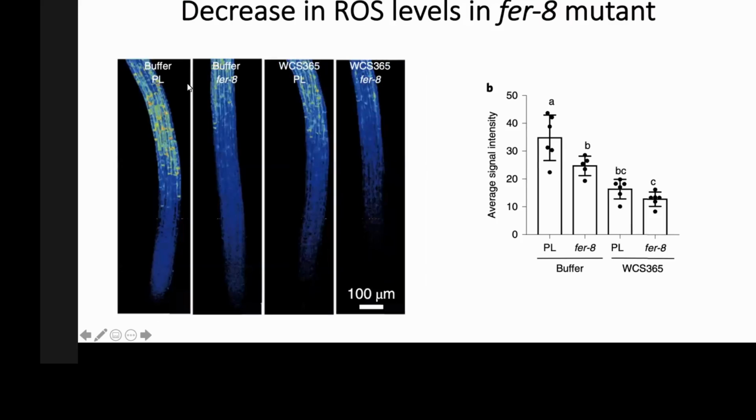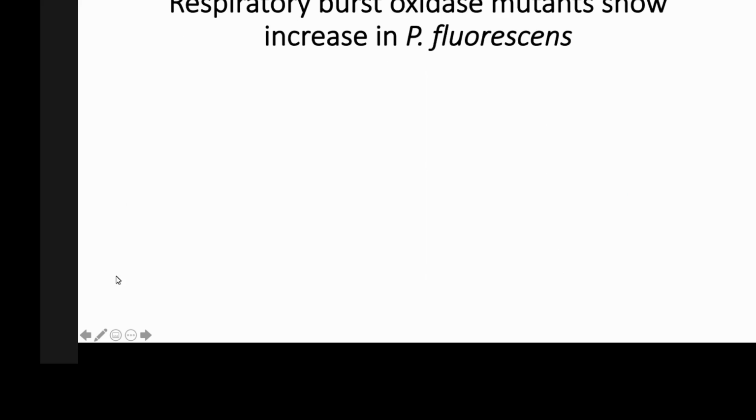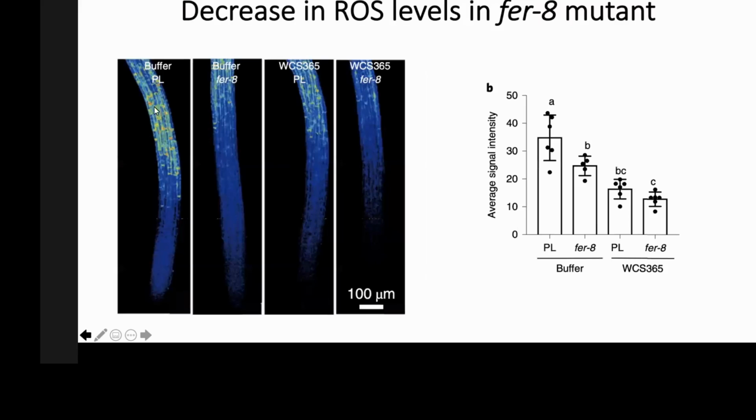And then this other experiment that I'm not sure if anyone has any insight on why they did this, but what they did was add bacterial cells, in this case Pseudomonas fluorescens, to both the parental line as well as to FER8, and they saw again this added decrease when they added the bacterium.